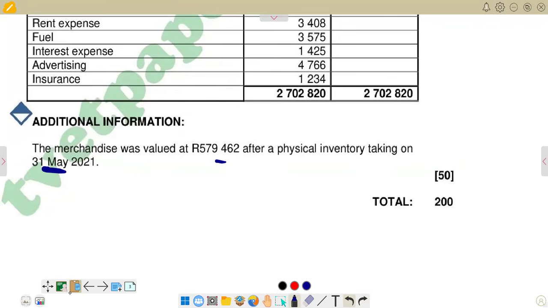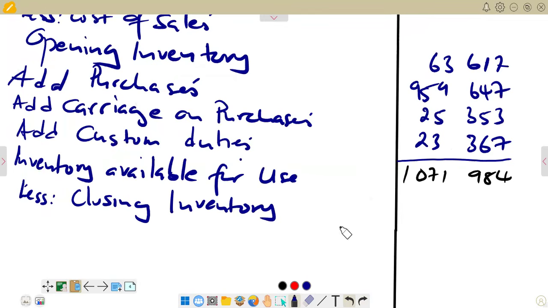So we go there. Now we are saying the figure that we got there was 579,462. So remember, we are saying less. When we are saying less, we're subtracting. So having done that, we can close here and say 1,071,984 minus 579,462.